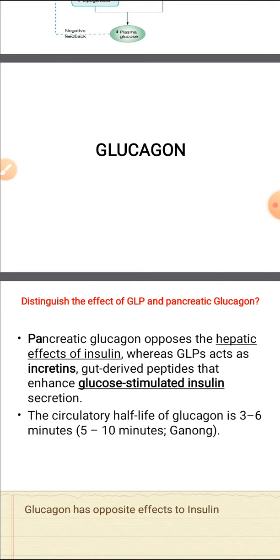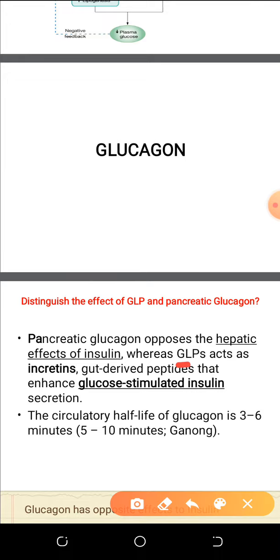Whereas the GLP acts as incretins, which are gut-derived peptides that enhance glucose-stimulated insulin secretion. The secretory half-life of glucagon is 3 to 6 minutes. You may ask what is GLP? It's glucagon-like peptides, or glucagon-like polypeptides, if you want to call it that way.